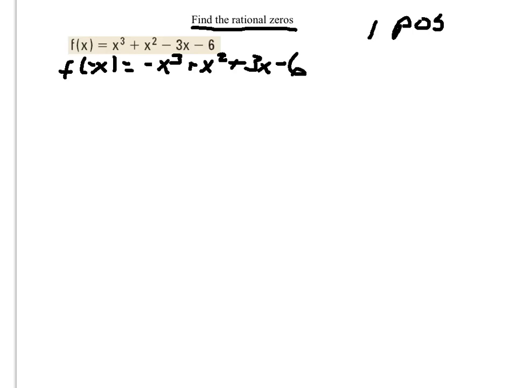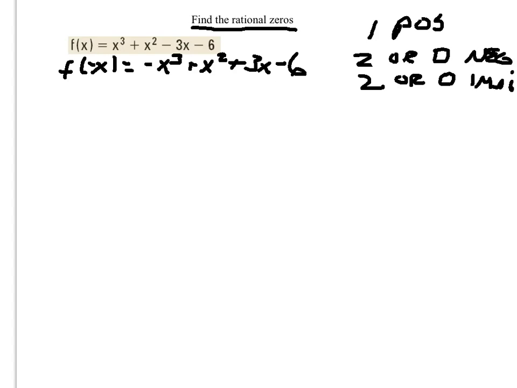So here again we can count our sign changes, and we get one sign change here and another here. So we're going to wind up with 2 or 0 negative responses, which means we could also have 2 or 0 imaginary responses.